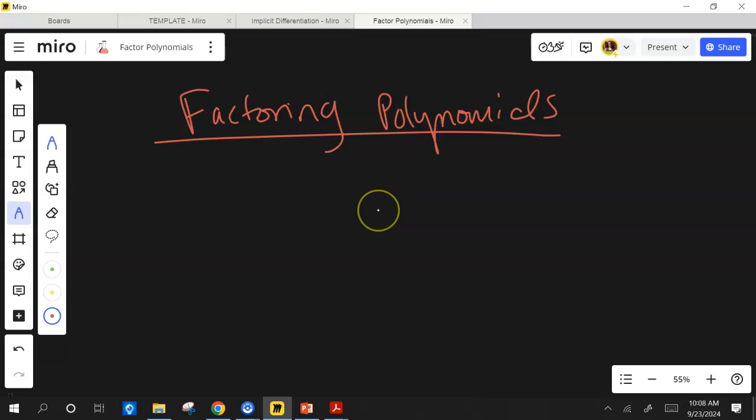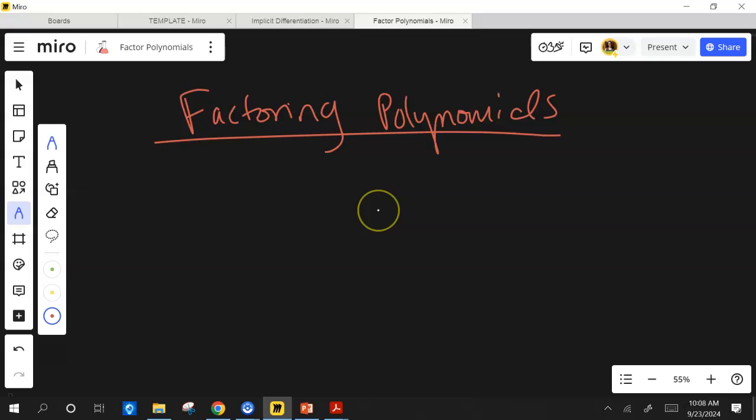What's the GCF of the first two? 2x squared. What's left? The middle sign stays. What can I take out of the last two? 1. What's left? The middle sign stays.